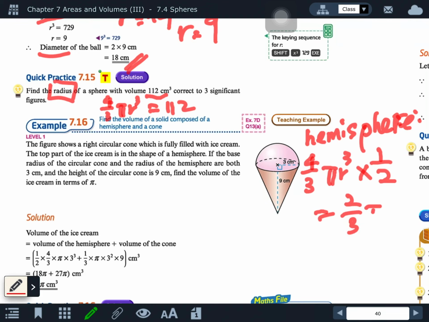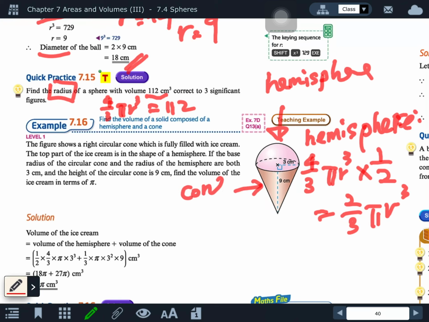So the formula should be 2/3 times pi r cubed. Okay, you can see this ice cream, which is covered by a hemisphere, and the bottom part is the cone. So we just add these two things together to find the volume.